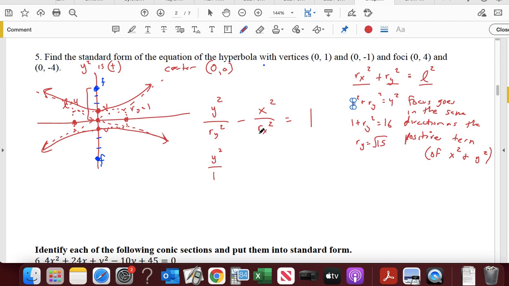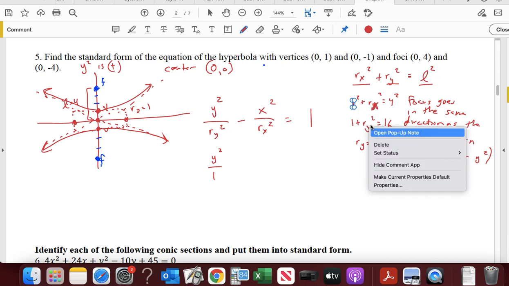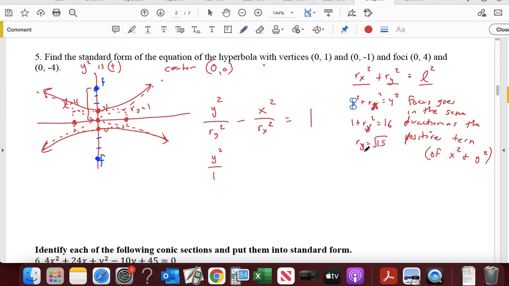But again, remember, we needed Rx, or we needed Ry, excuse me. No, we needed Rx. I made a mistake over here. I plugged in the 1 for the Rx when I should have plugged in for the Ry. But it's ultimately the same thing. I just mislabeled this as Ry rather than Rx. We already knew Ry was 1, so we found Rx was root 15. So now we just go back and plug it in.